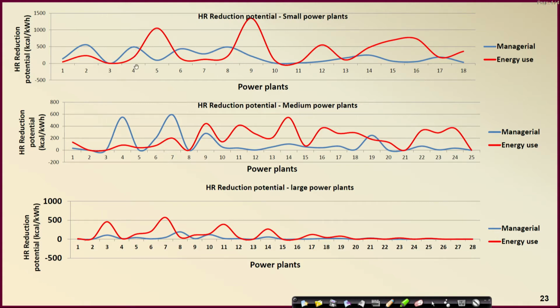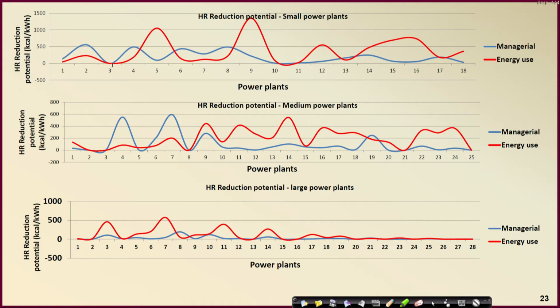Look here, the fourth unit, the HR reduction potential, that is heat rate reduction potential, from the managerial side is quite high, whereas for the energy use point somewhat okay.